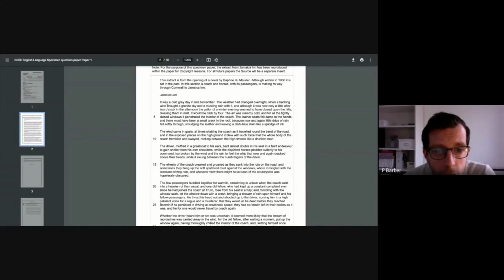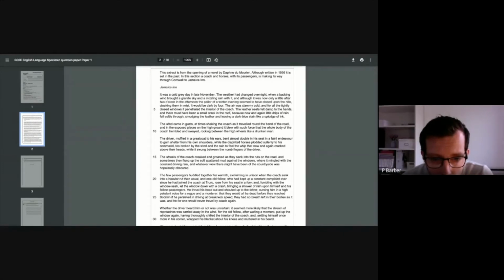So if I'm reading through, the first part of the extract is all about the weather. The first introduction of a character occurs here, with the driver muffled in his greatcoat to his ears, bent almost double in his seat. As the extract develops, they introduce the passengers, including an old fellow who rose from his seat in a fury, fumbling with the window sash and let the window down with a crash.